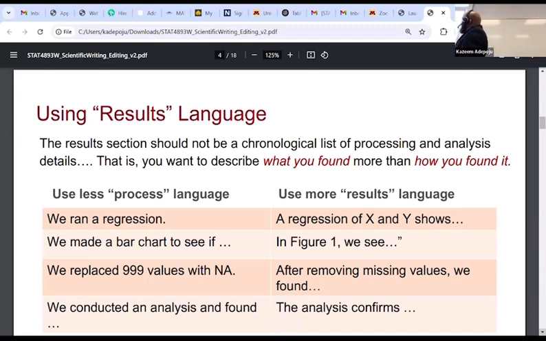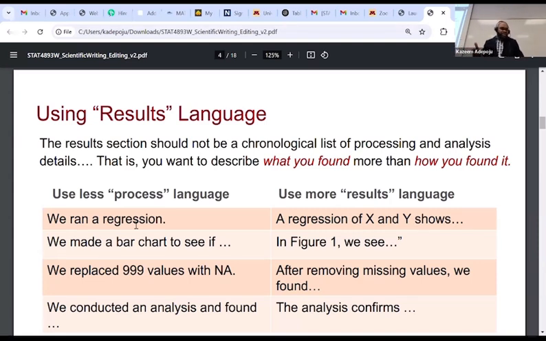I'm going to give you an example. Somebody says, we ran a regression. We ran a regression is process language. It's just telling us the process undertaken.